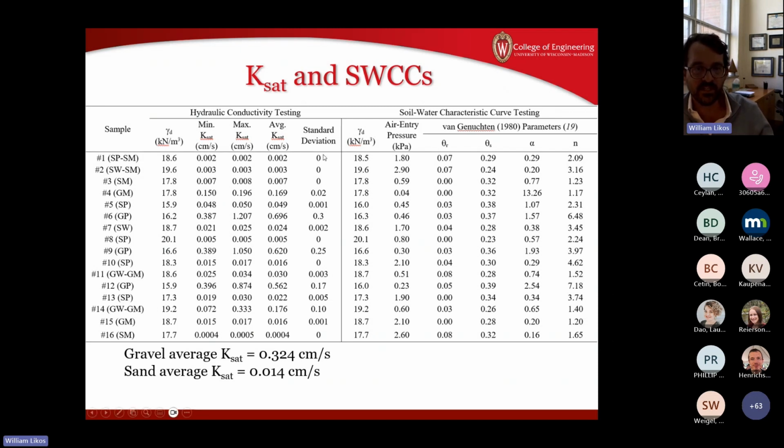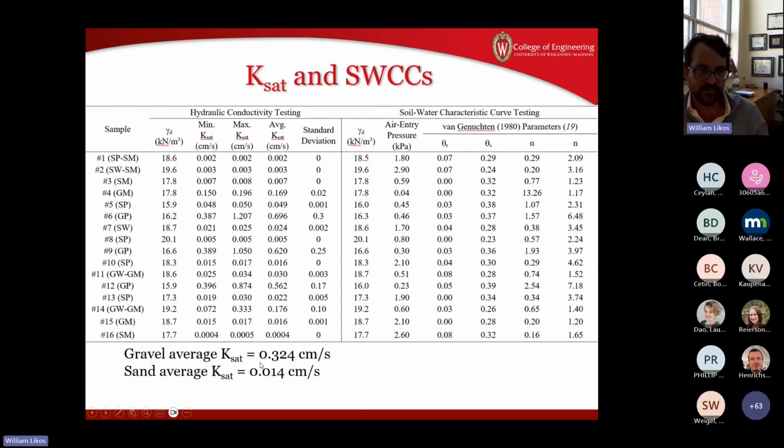The standard deviation gives us a sense of the difference between the minimum and the maximum. You can see for the gravels, like number 4 and number 9 here, larger standard deviations are indicating sensitivity to the applied hydraulic gradient.